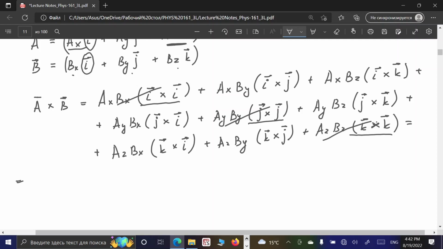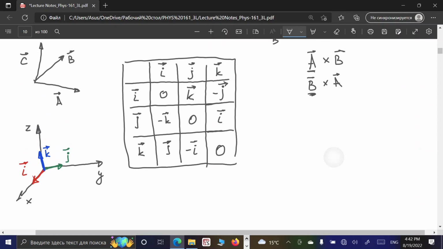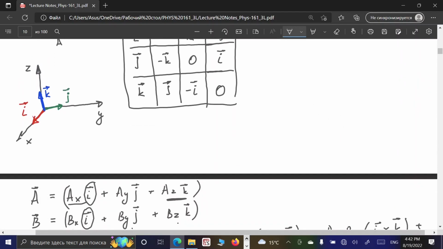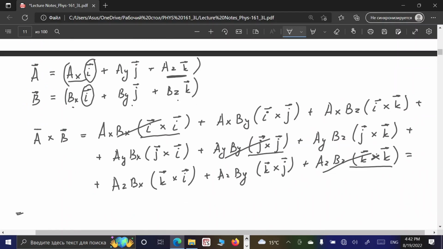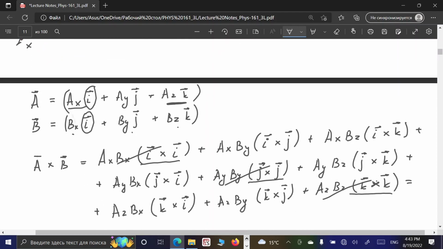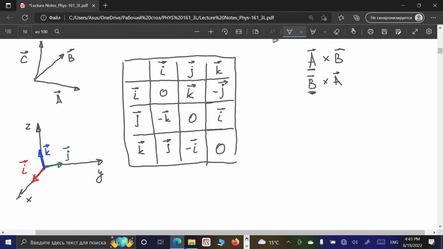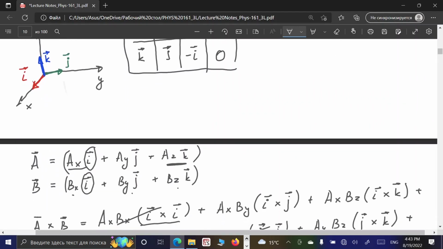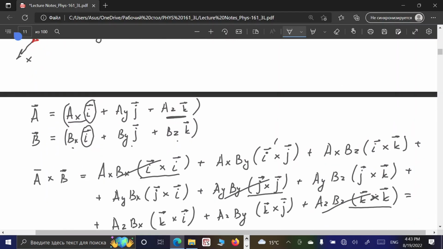Now if we look at our table and substitute for each of these cross products its value, we can double check, for instance, i unit vector times j unit vector. So we look here, i times j unit vector should give us k unit vector. So it means this guy should be equal to k unit vector.